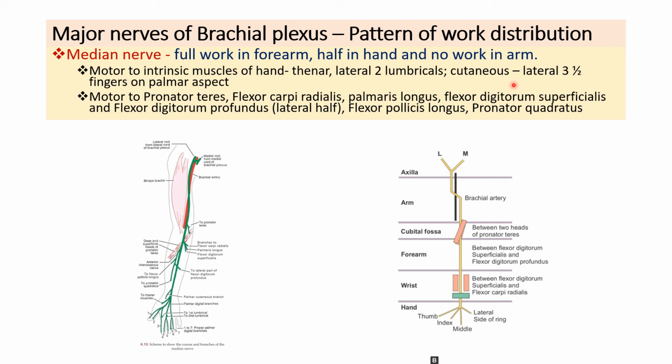They are receiving the branches from the median nerve in the forearm. So it is doing full work in the forearm, half work in the hand, and no work in the arm.